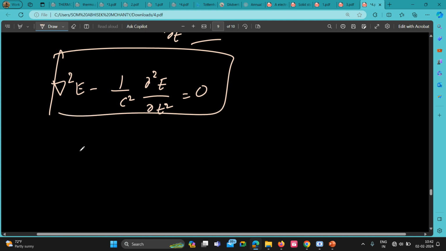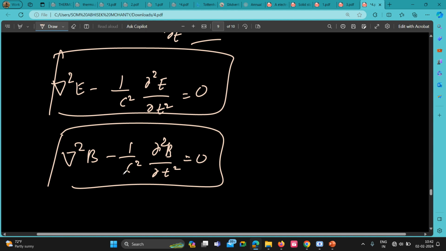Another equation, write down, so it may come in handy. Del square E minus 1 by c square del square E by del t square is equal to 0. And del square B minus 1 by c square del square B by del t square is also equal to 0.